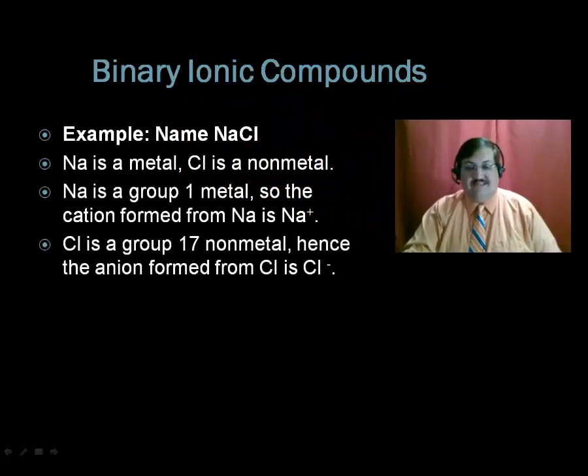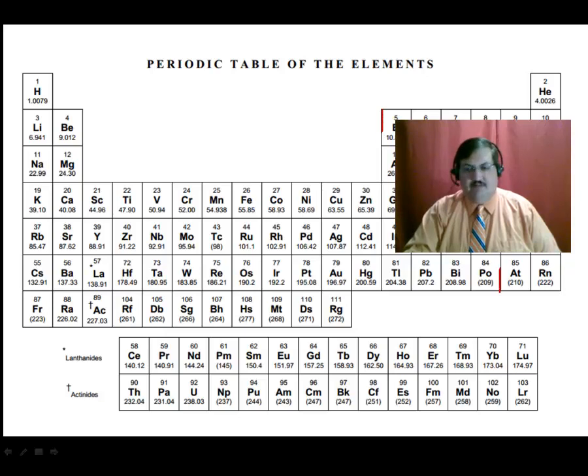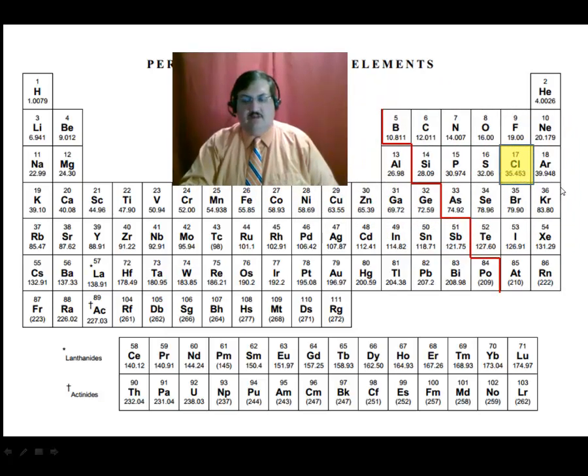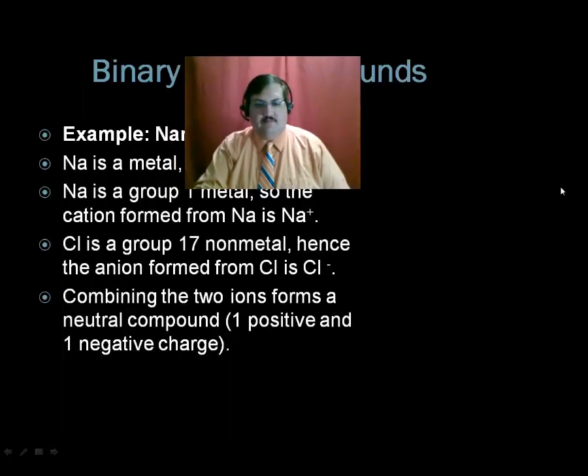Chlorine is a group 17 nonmetal, hence the ion of chlorine will actually be Cl -1. So remember our staircase. We find chlorine, and we know that everything in that column is always going to be a -1.